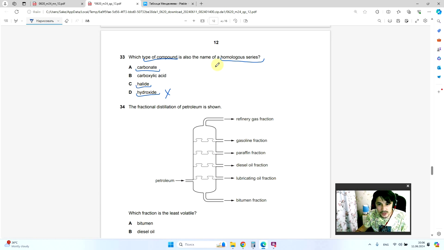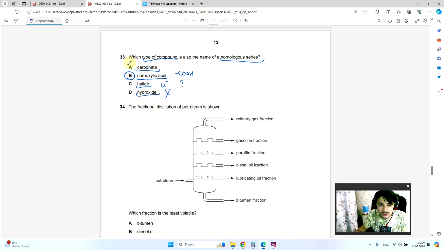Halide. Halide ion containing substances in organic chemistry are known as halogenoalkanes. So this is under question. Carboxylic acid, it's the COOH group, and substances containing that group are also known as carboxylic acids. So this is probably our correct answer.